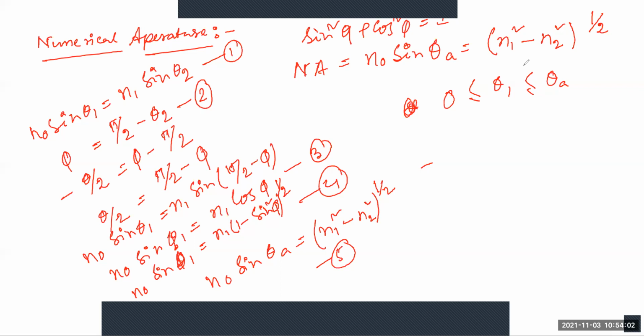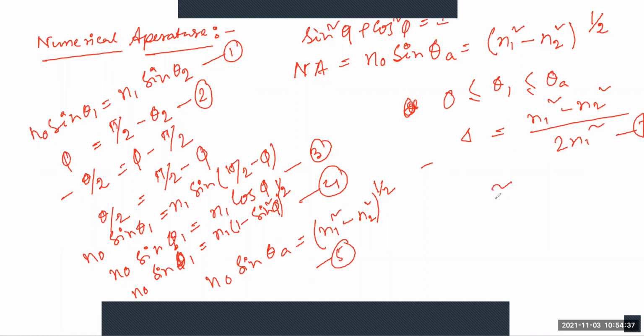The numerical aperture is also given in terms of the relative refractive index difference, that is the del between the core and cladding, where del equals n1 square minus n2 square divided by 2n square. That is equation number 7.